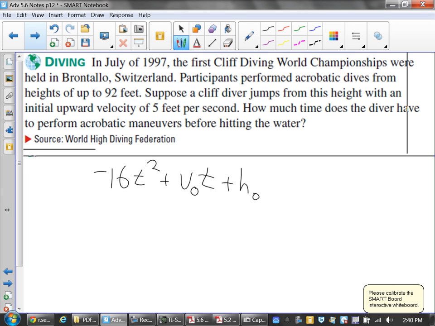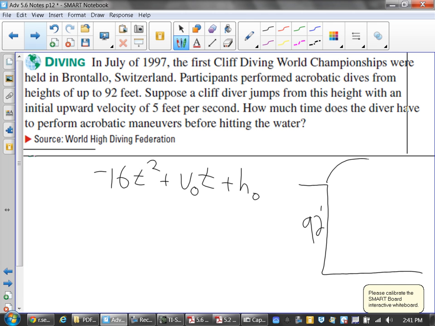What we're looking at here is, he's not dropping, he's jumping up and out. So notice how it says it has an initial upward velocity. Would that be a positive velocity or a negative velocity? Positive. So you're starting out, your height was 92 feet.